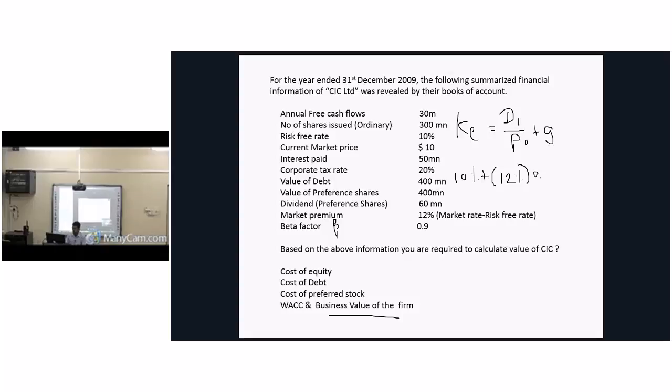So you multiply 0.9 by 12%, and whatever the answer, you add to the 10%. What is the cost of equity then? KE is 11.8%. So 11.8% is the cost of equity.